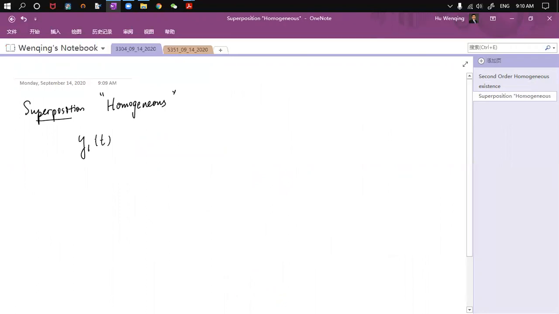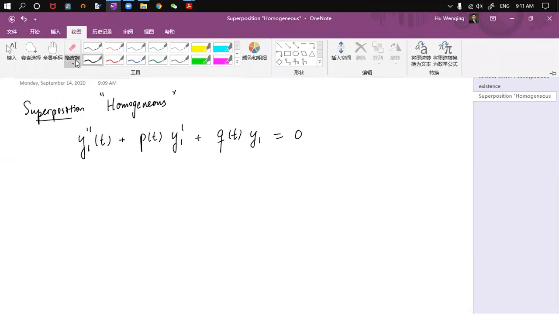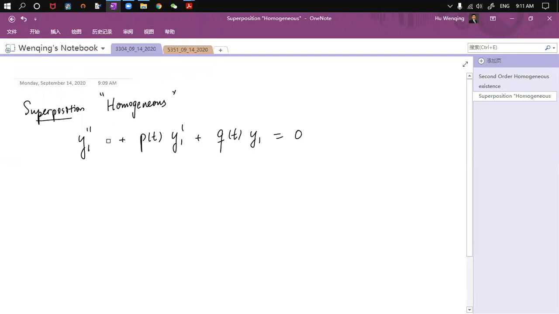Suppose you have one solution, y1 double prime plus p(t) y1 prime plus q(t) y1 is equal to 0. This must be a homogeneous equation. Then you have another one, y2 double prime plus p(t) y2 prime plus q(t) y2 is equal to 0.